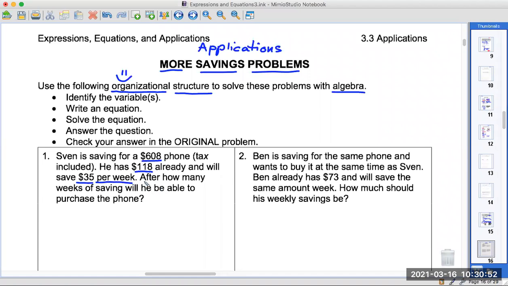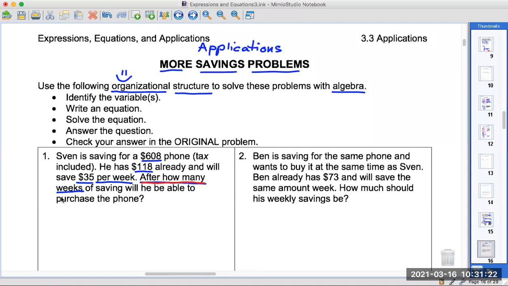The question is going to identify to you what you are looking for, and that's your variable. So let's look at the question. It's usually at the end of the word problem. After how many weeks? So what are we looking for? Weeks. Yeah, the question is, tell me how many weeks of saving will we be able to purchase the phone? So that right there tells me my variable.